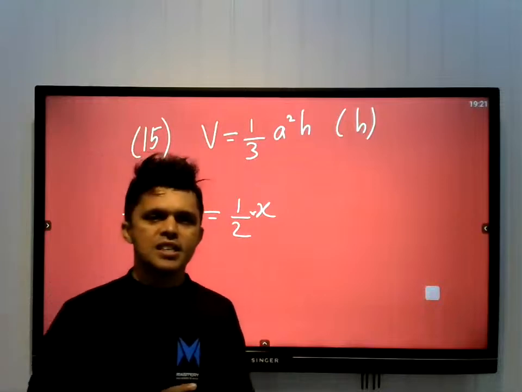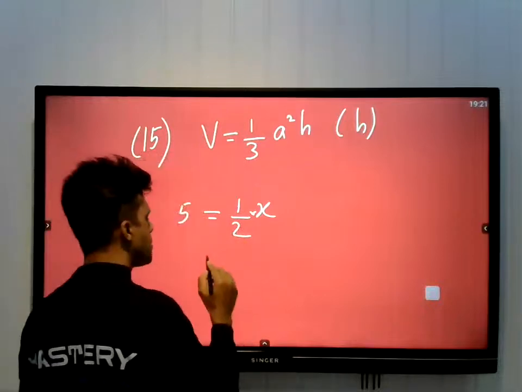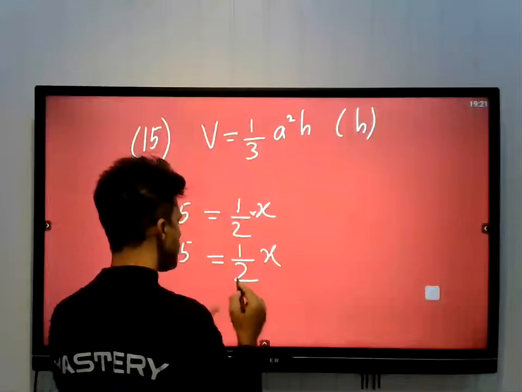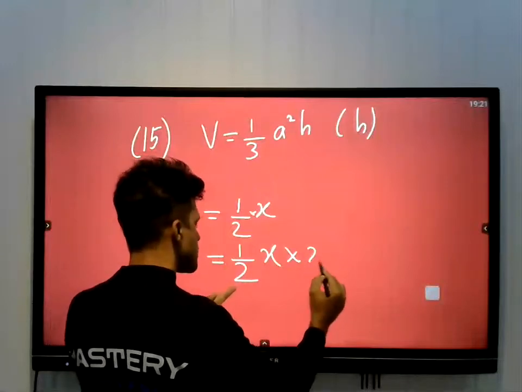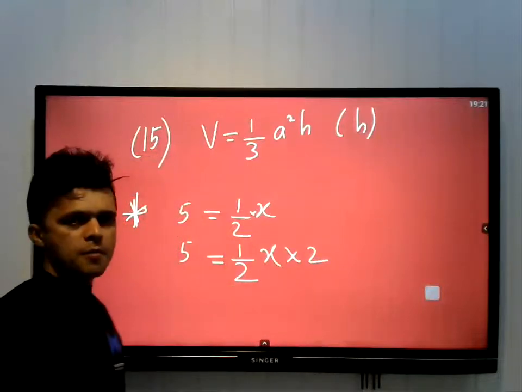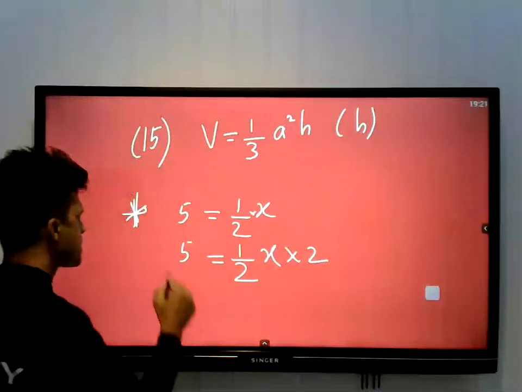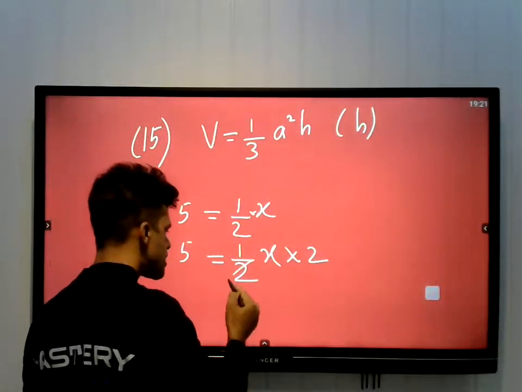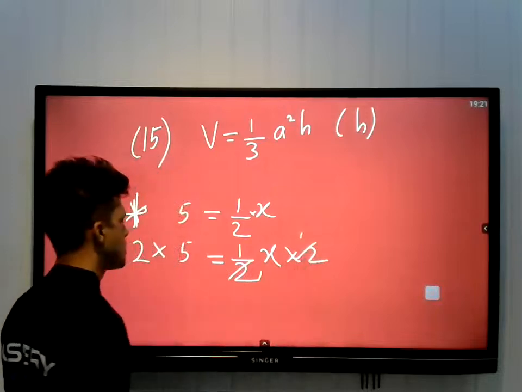How can we do it? Both sides can be multiplied by 2 first. This side is multiplied by 2, this side as well multiplied by 2. Now this 2 and this 2 can be cancelled out.